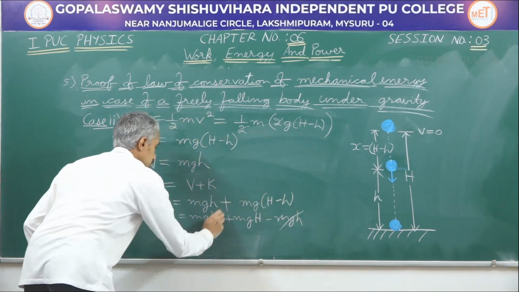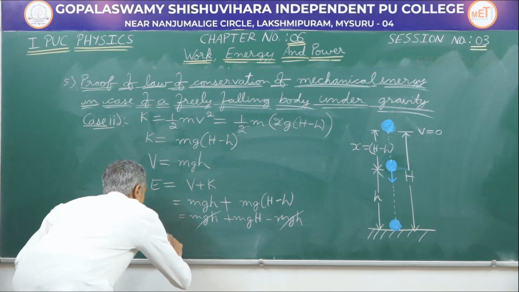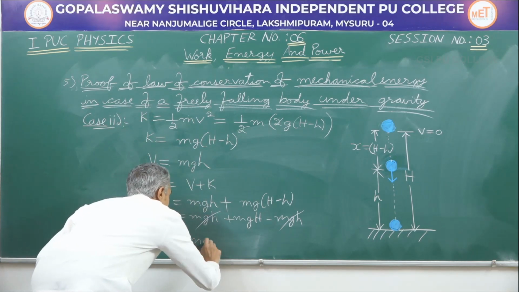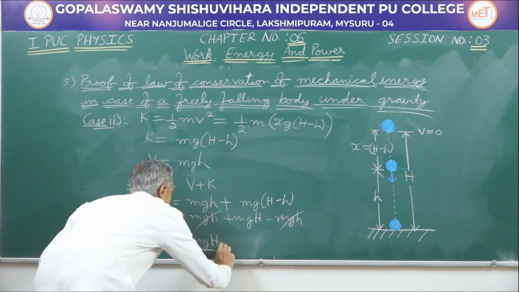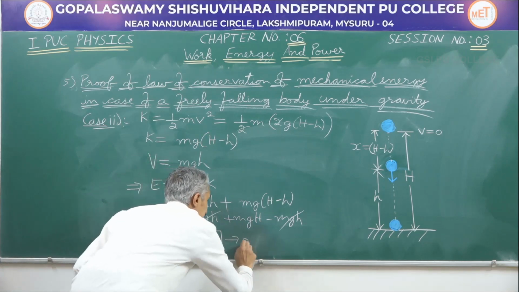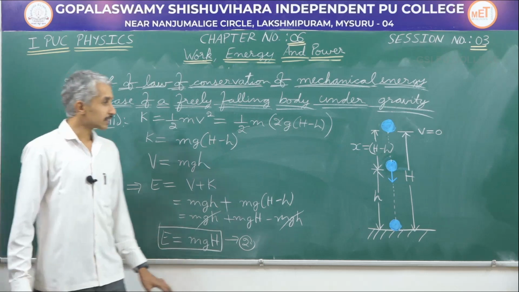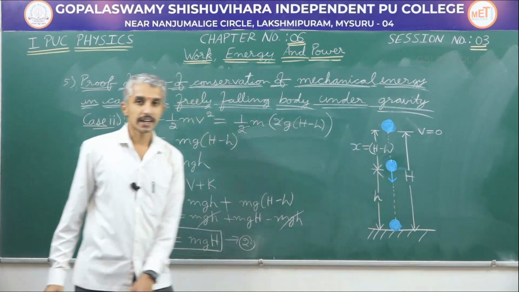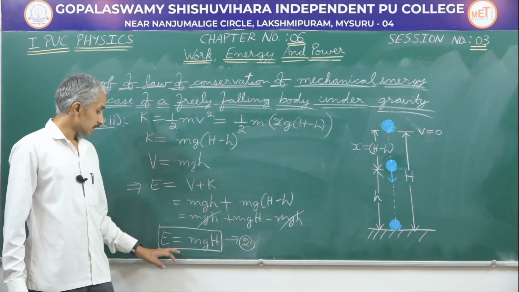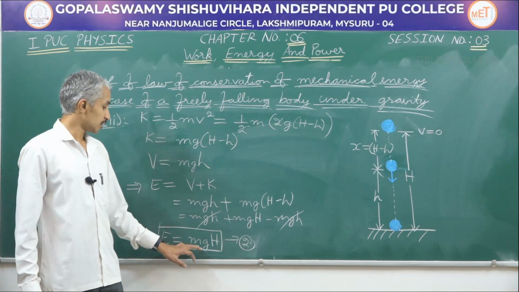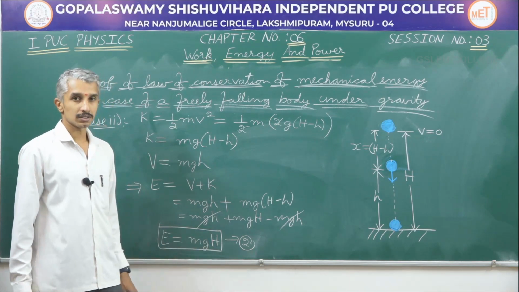Here minus mgh and plus mgh cancel, and the total mechanical energy is going to be mg capital H, equation 2. So we have got the total mechanical energy in case 2 at a height small h. Again here we got the total mechanical energy as mg into capital H.